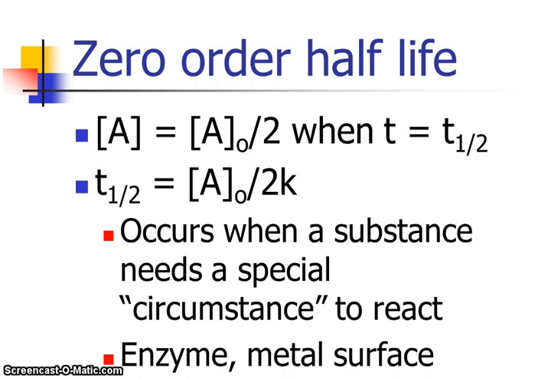If we were to take the inverse of the concentration versus time and get a straight line, that would tell us that it's a second order reaction. And if we take the concentration versus time and get a straight line, that'll tell us it's a 0 order reaction.